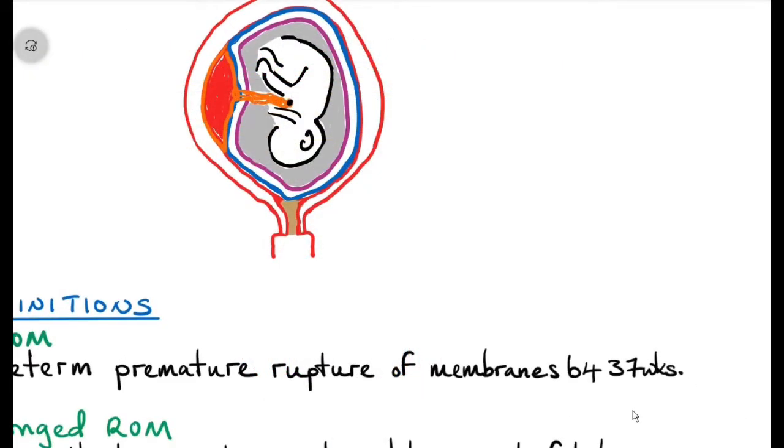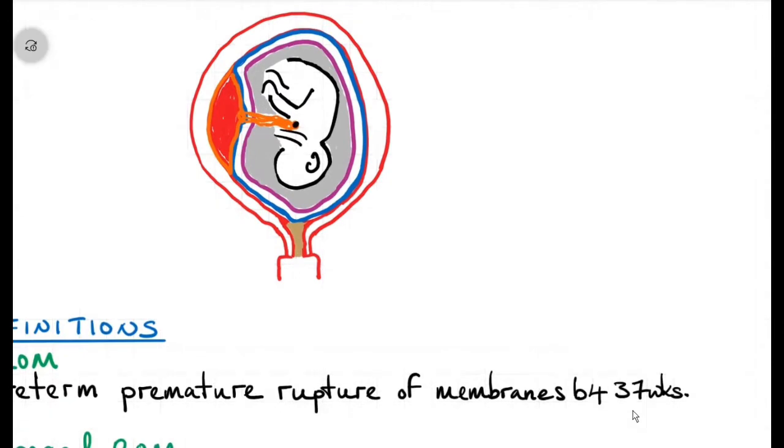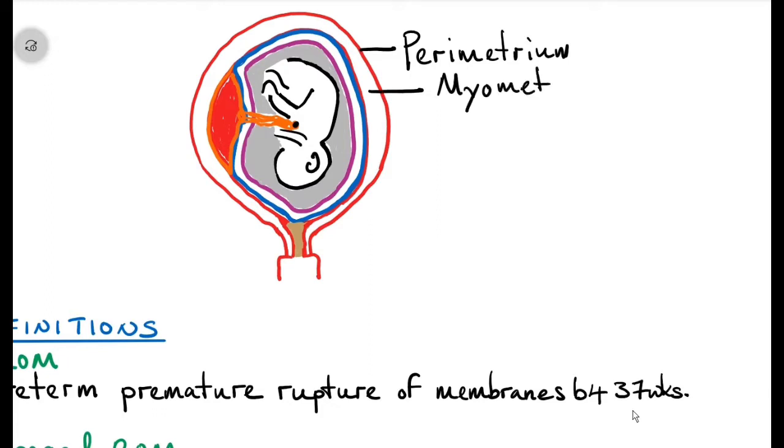Basic anatomy. The uterus is made up of three muscle layers, the outer layer being the perimetrium, the middle layer being the myometrium, the inner layer being the endometrium. Now remember, the amniotic sac is made up of two fetal membranes.